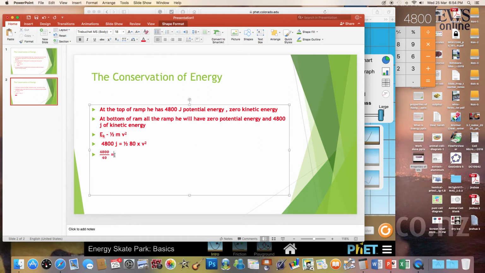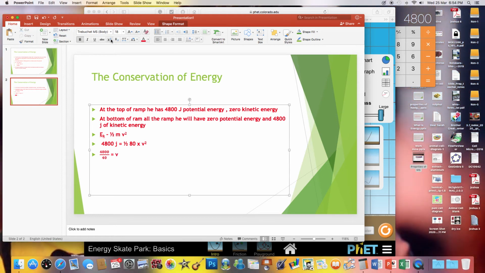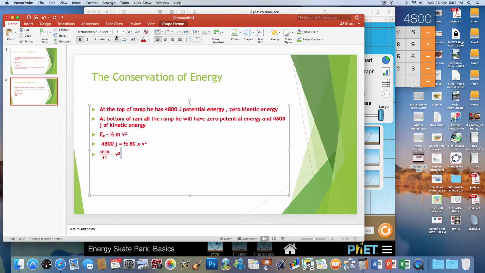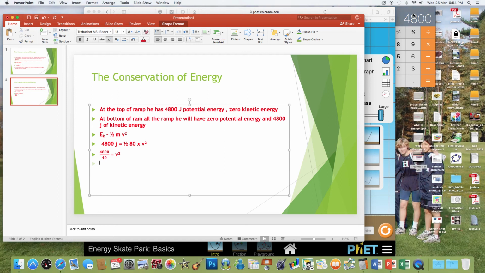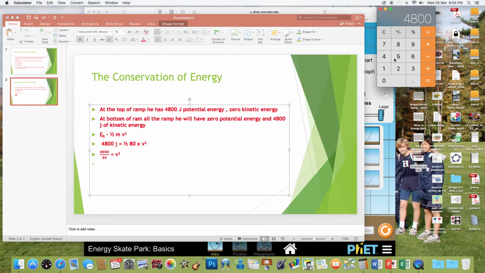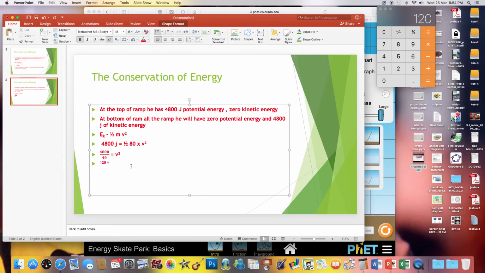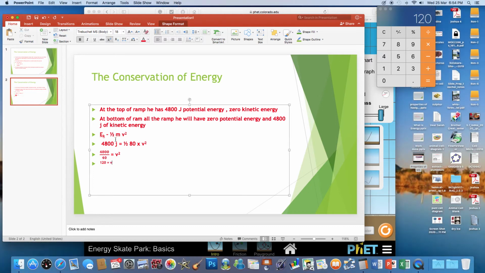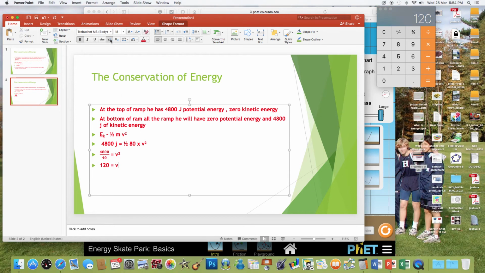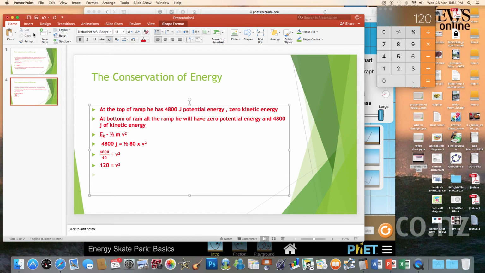So we can just check it with our calculator. We can divide that by 40 and it equals 120, and if we take the square root of 120, then we can find the speed, so we can go ahead and do this.